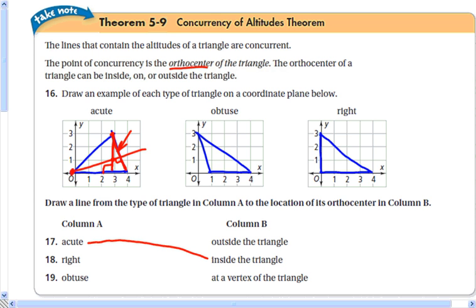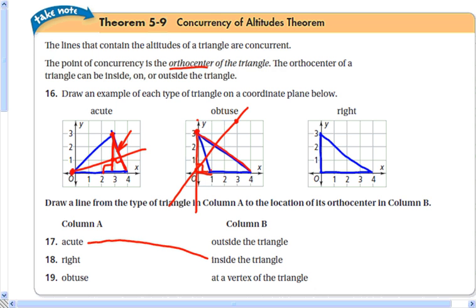For the obtuse triangle, one of the altitudes is right here. That's perpendicular at that vertex. From this vertex to this base, if we do a perpendicular line, the slope of this base is -3/4. So the opposite reciprocal would be 4/3. If I go from this point with a slope of 4/3, go up 4 over 3, it would have to go through that point there.